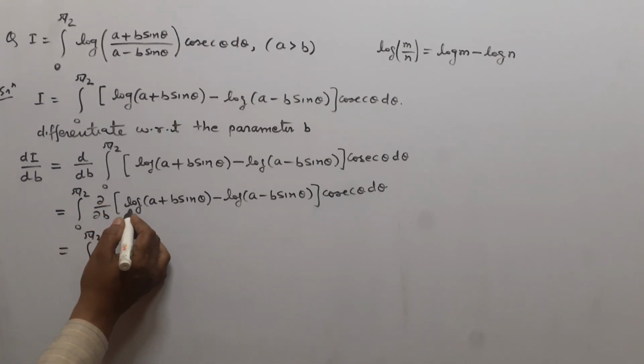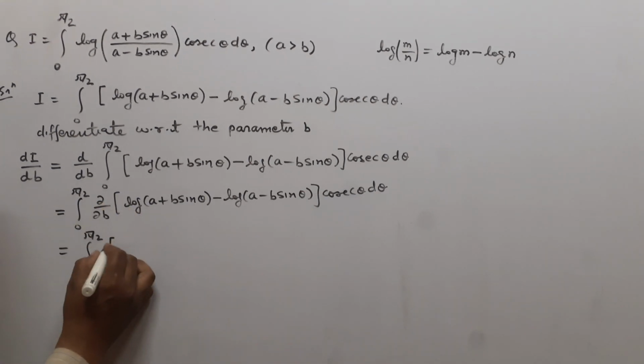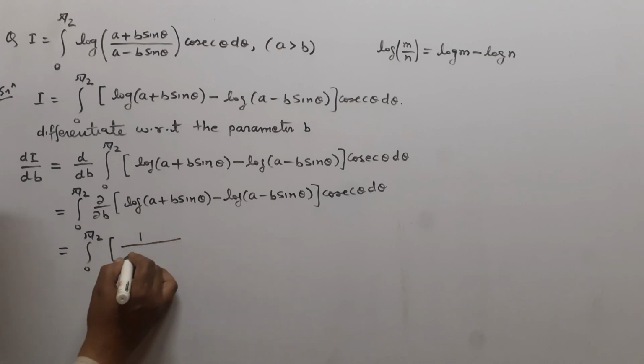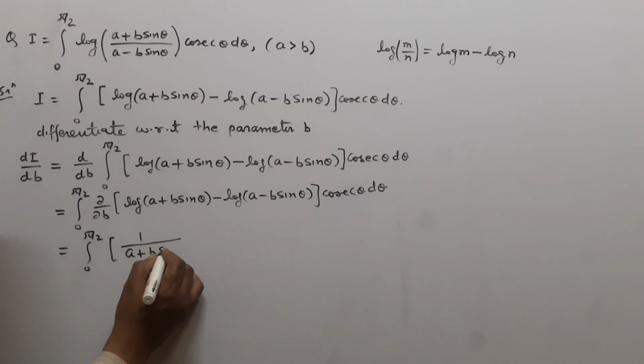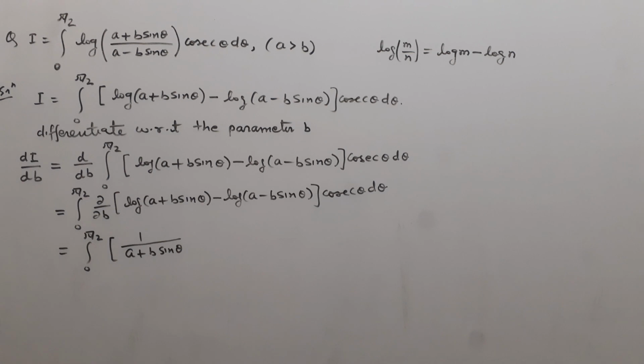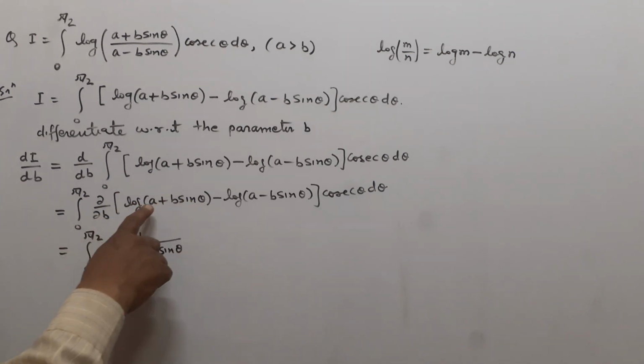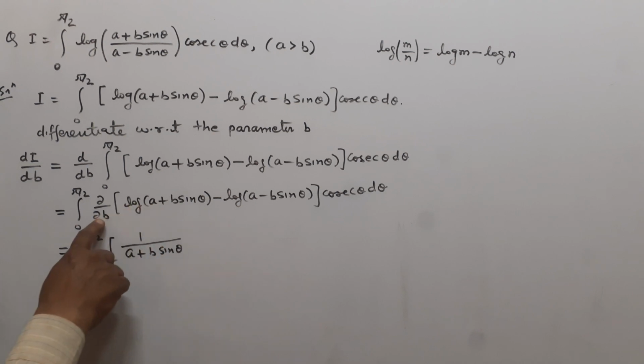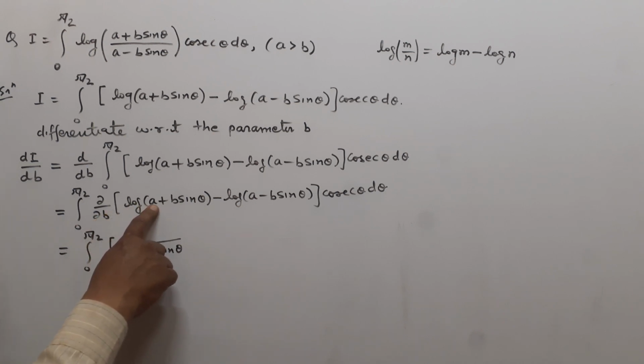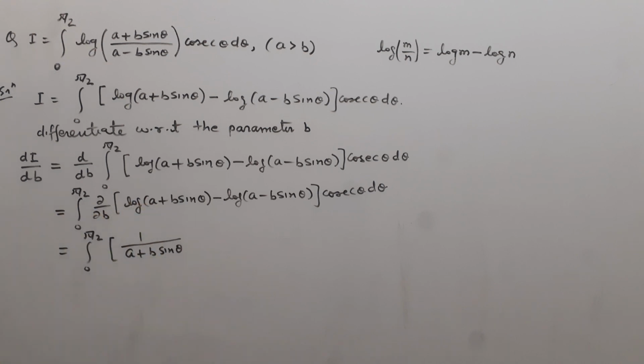When we differentiate log (a plus b sin theta), we get 1 upon (a plus b sin theta), and then we differentiate a plus b sin theta. Here a is constant because we differentiate partially with respect to b, so the differentiation of a is 0.